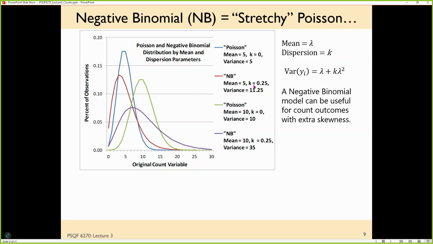Red was generated with the stretchy factor of 0.25, so it makes the variance into 11.25. So red has more skewness to it. It also, the mean is shorter because more of the distribution is pulled to the right. Likewise, green and purple both have a mean of 10, but purple has the stretchy factor. So count data often looks like the red and purple lines.